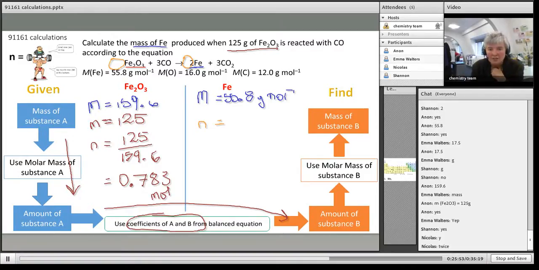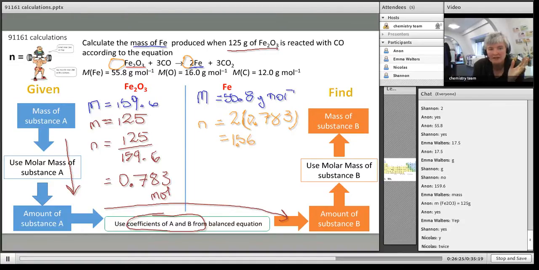So it's going to be twice, sorry, there's supposed to be a bracket, 0.783. And so it's 1.566 and so on. So what do I do now to find out my mass?